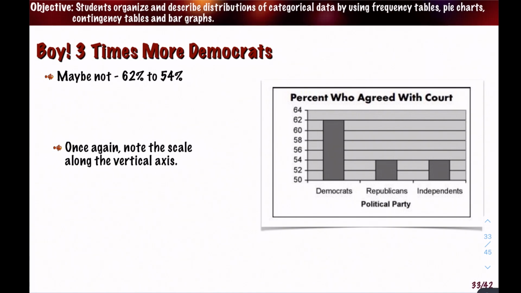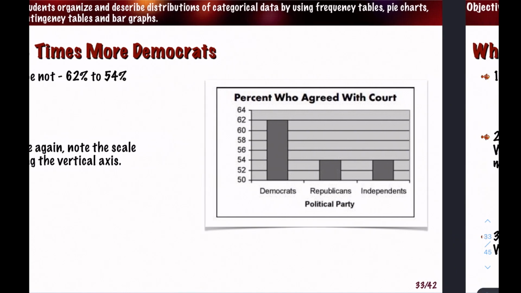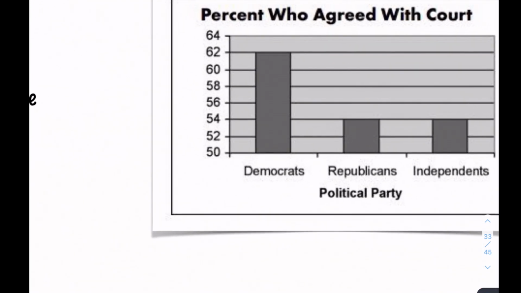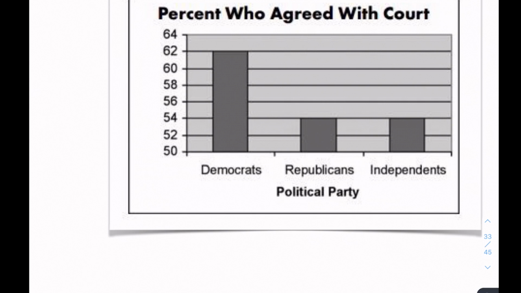How about this next one? Here is the percent who agree with the decisions from the Supreme Court. Now, when was this taken? We don't know. It's not said on this chart, which is a problem. But if you look at this, oh my gosh, it looks like the people that lean Democratic are 3 times as likely to agree with the court than Republicans or independents.